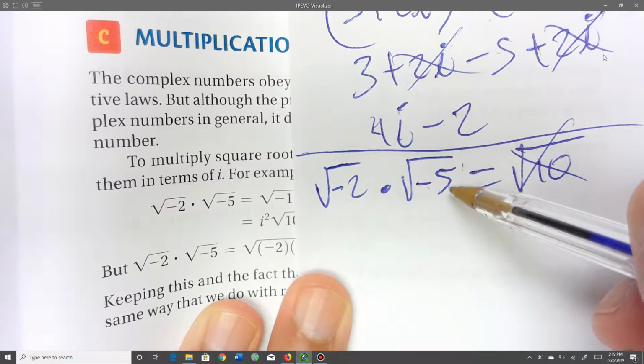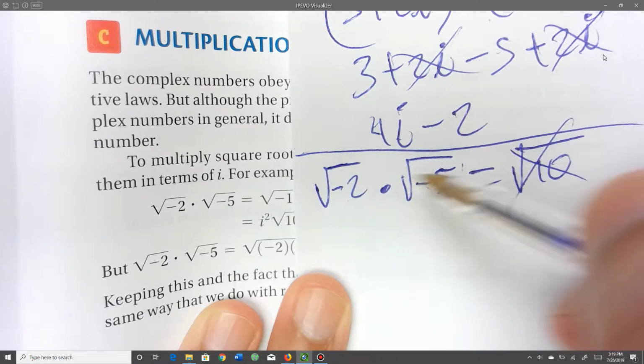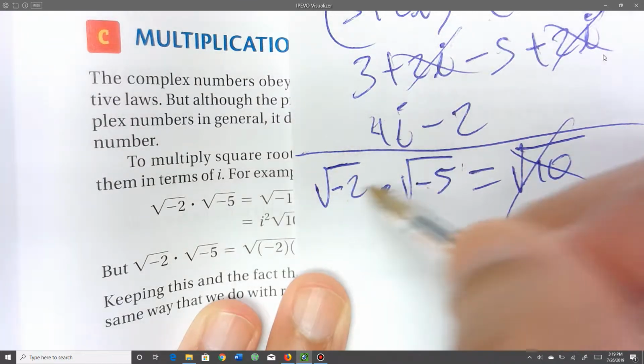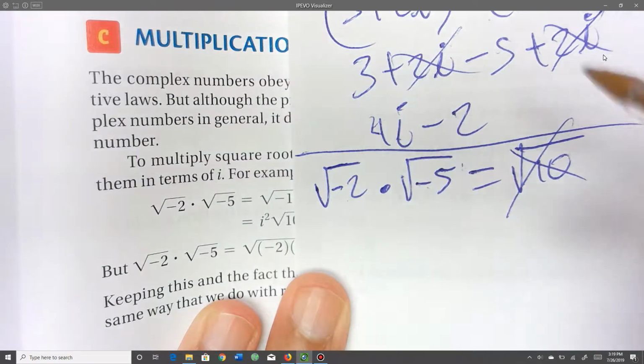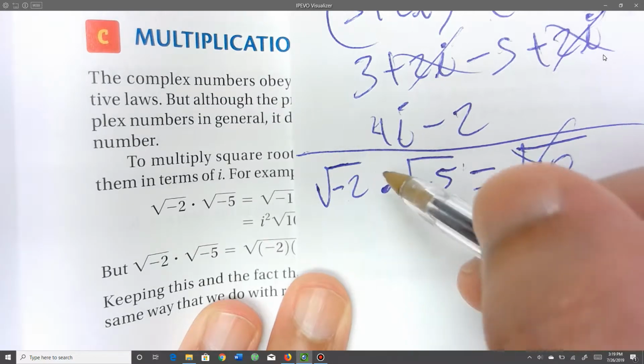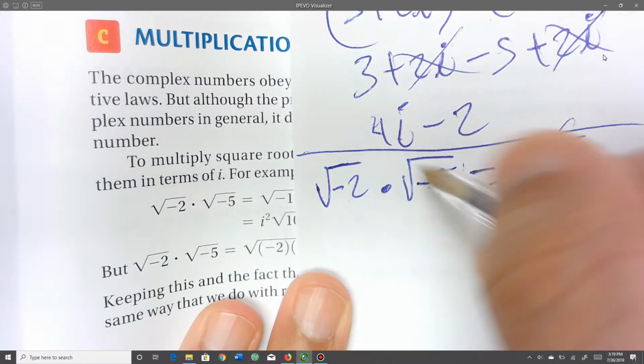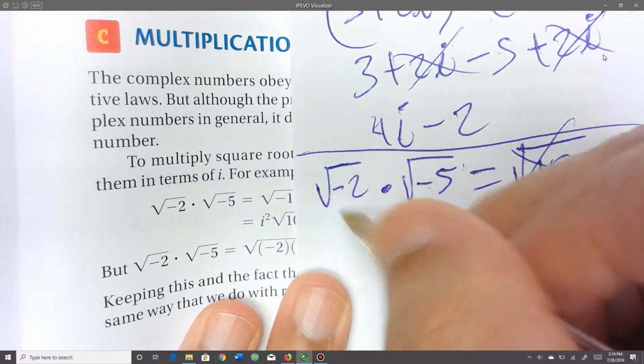Therefore you need to get rid of the negative signs first before you can apply that rule for multiplying square roots. So before you multiply them, get those negative signs outside the radical.